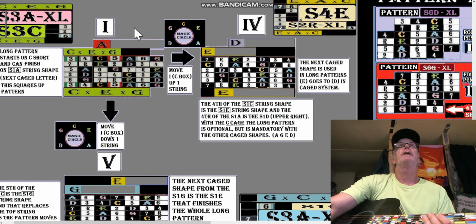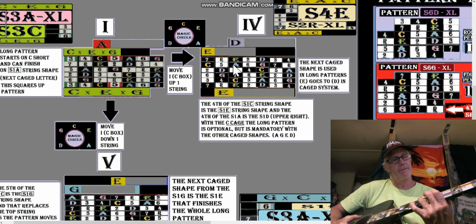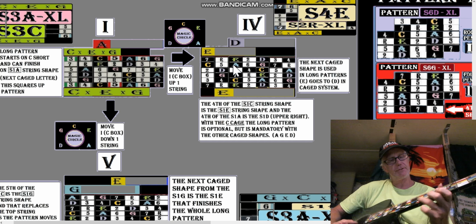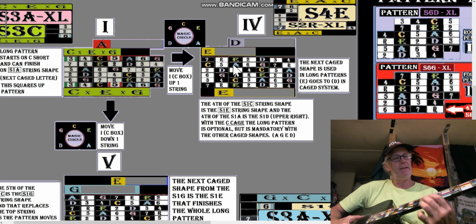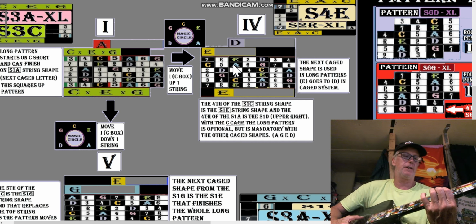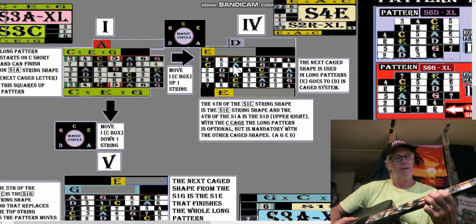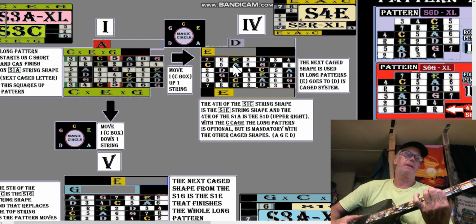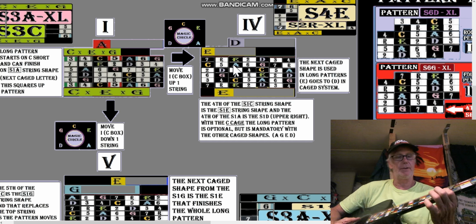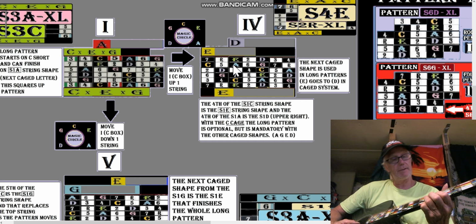So when you go from that C pattern and you go to its fourth, you can just play a full S3XL down there. So watch this. Here's your C root, and then you just start with a full S3XL, which would be an E pattern, so you can start it. Because the root's going to be the F now. That's the interesting thing about all of this. And then you go into that S3XL up there.